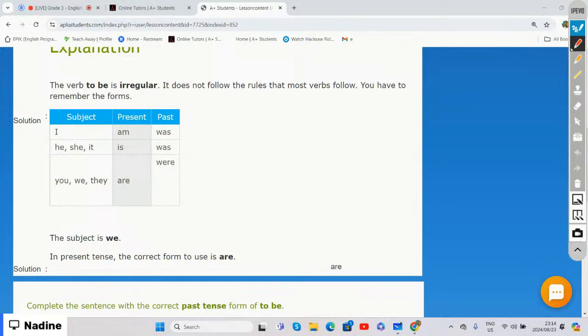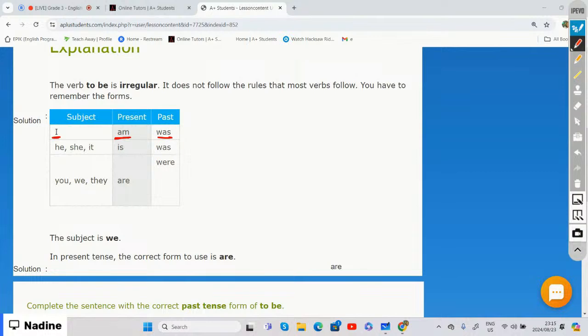If I'm going to say what I'm going to be doing, then I would say, in the present, I am, right? So that is when we use the word to be. So I am. And in the past, I would say I was, because now we're referring to one person. So I am now, but in the past, I was.